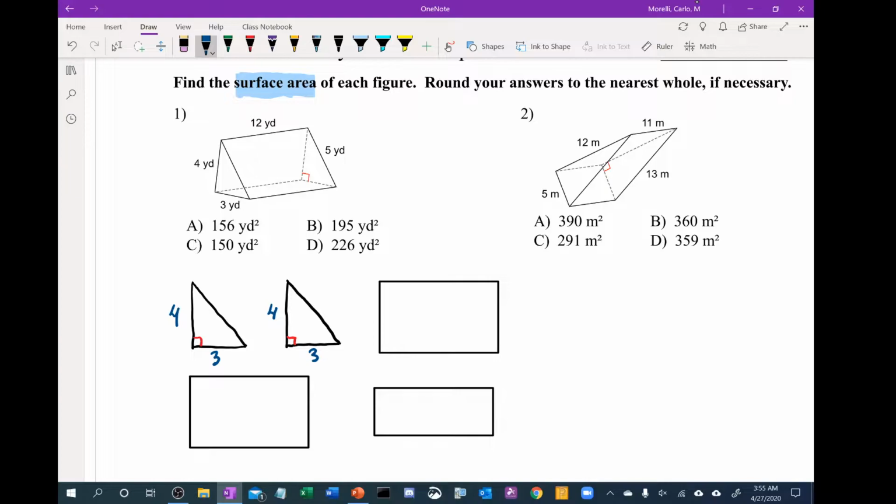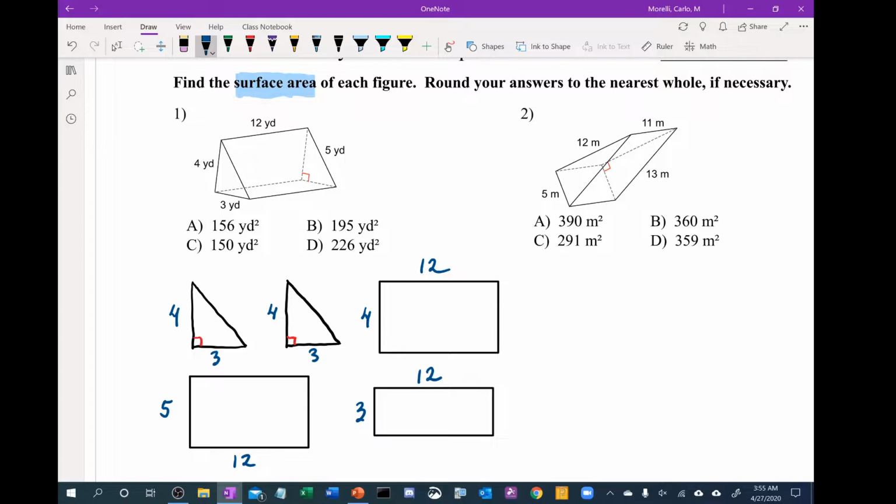Now this was the back rectangle that had a length of 12 and a width of 4. Now we're looking at the front rectangle. That had a length of 12 and a width of 5. And then the skinny base piece here, the bottom, you kind of have to transfer that length down. The length is 12 and the width is 3.